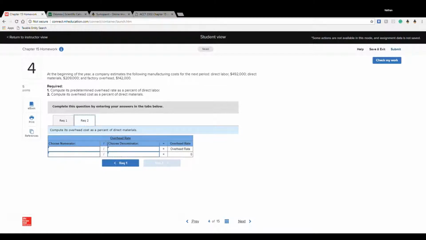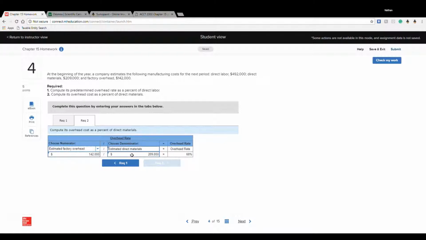So required 2 has us doing the same thing. Estimated factory overhead, this time for direct materials, we use estimated direct materials: still 4,200 over 209,123.